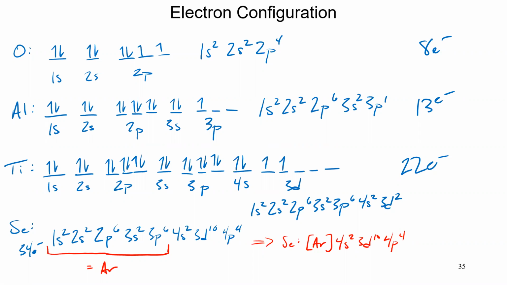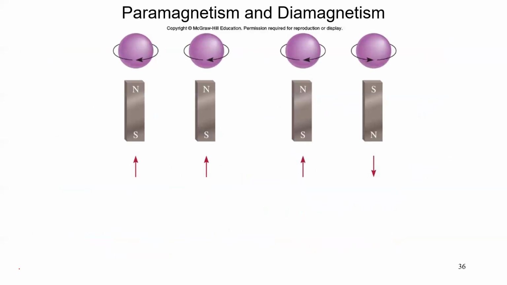It's not just that there's an even number of electrons, because if you look here, oxygen has an even number of electrons, and it has 2 unpaired electrons in its 2p. Titanium has an even number of electrons. It's got 2 unpaired electrons in its 3d. And so we can't just go based on the number of electrons. We actually have to know whether or not that particular subshell is full to know whether or not it's going to be paramagnetic or diamagnetic.